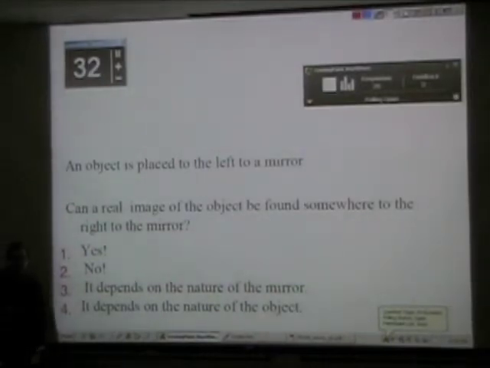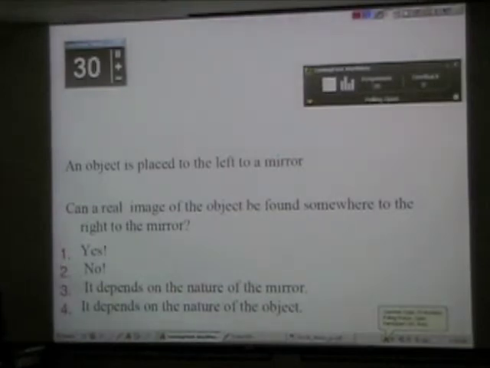Well, by asking this question, I assume that you already read at least some pages from this chapter, and you know what a real image means. Real, actual.